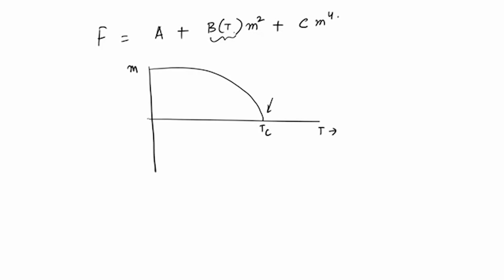Here when m goes to minus m, the free energy does not change, and so this is the order parameter, and we have been able to expand free energy in terms of these order parameters. And so there is a very general theory which was developed by Landau, called Landau's theory of phase transitions, and very well applicable in superconductors and in magnets, and in a limited sense we have shown this thing to arise for the case of magnets.